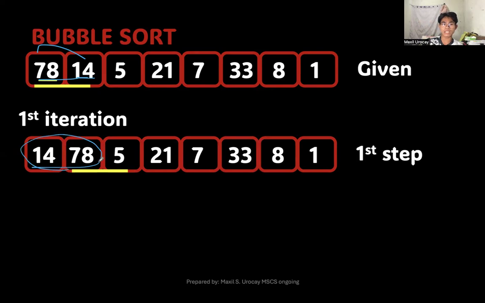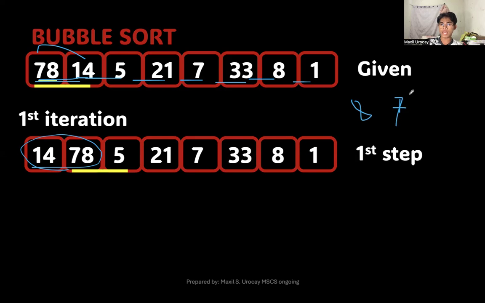Our first iteration consists of a lot of steps: first step, second step, third step, fourth step, fifth step, sixth step, seventh step. That's how it works. Since we have 8 elements, we will have 7 iterations, since that is n minus 1.